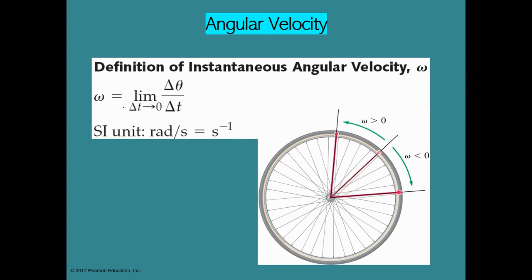The only difference here is that, again, we're using a smaller period of time, and we've taken away the AV that was after omega here. So it's just omega. A quick thing to note is that anytime we refer to just angular velocity, we are talking about the instantaneous velocity, not the average.